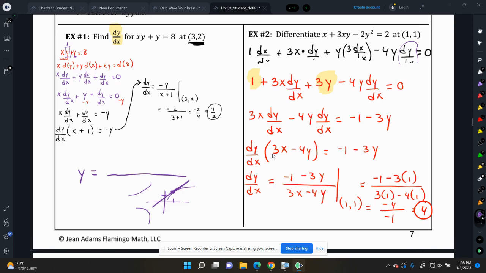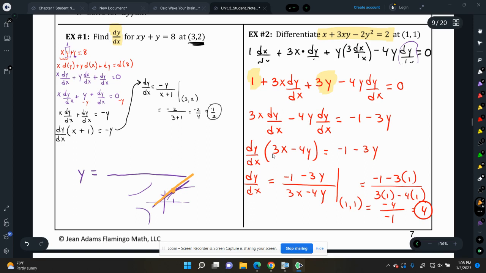Okay, let me just say that again. If I rearrange that equation to be y equals something and then graph it, at the point 1, 1, the slope of that tangent line is 4.